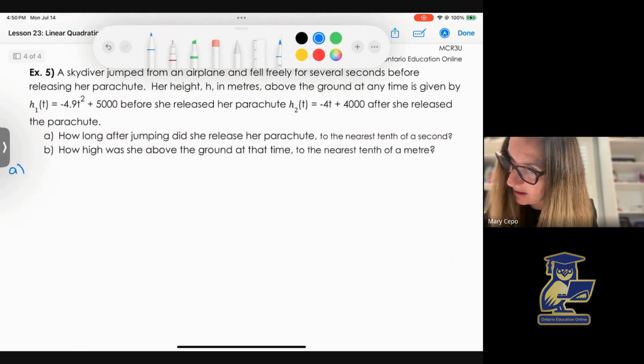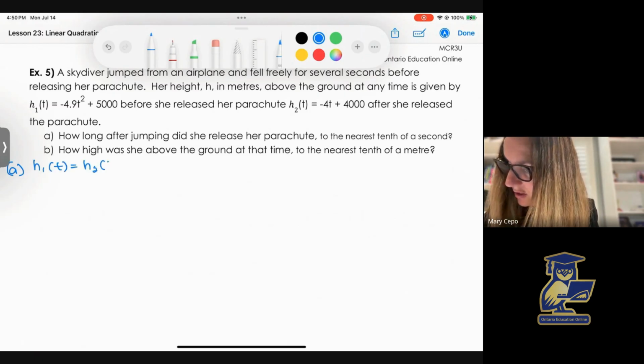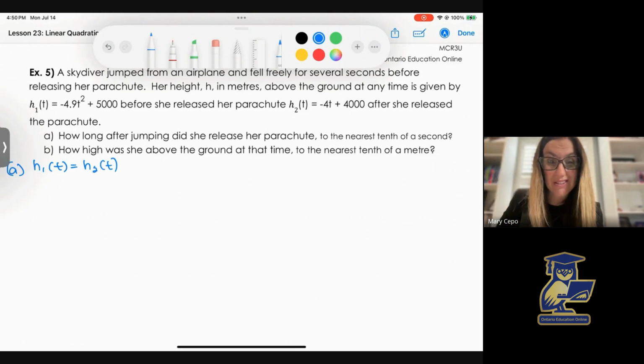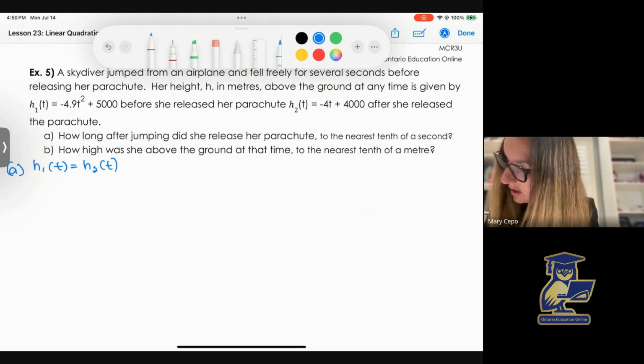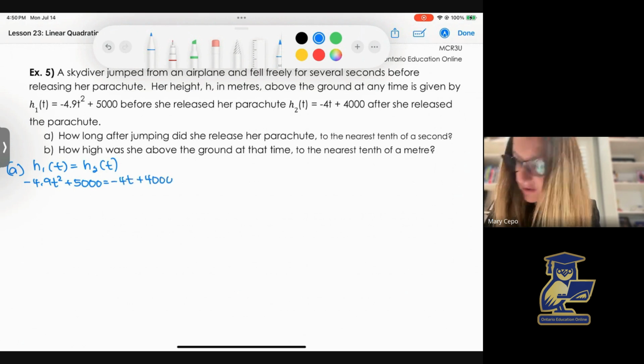We're going to let h1(t) be equal to h2(t). Earlier we looked at the methods: when it says to solve, right away, when you have decimals, you know you're probably going to be using the quadratic formula. So we're going to let negative 4.9t squared plus 5,000 equal negative 4t plus 4,000.